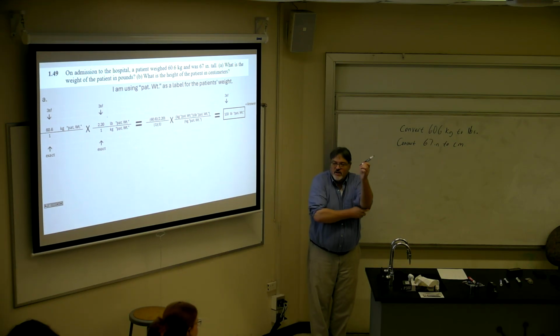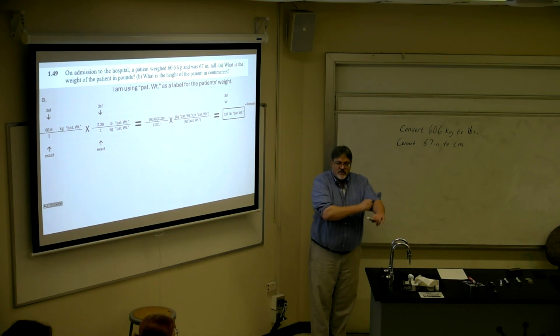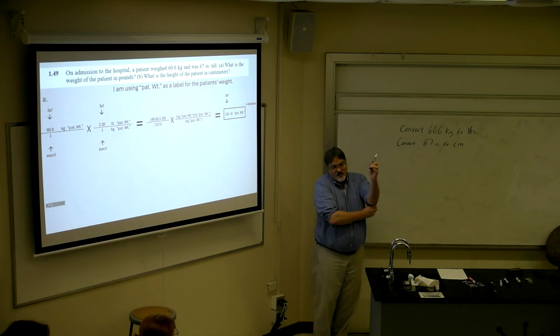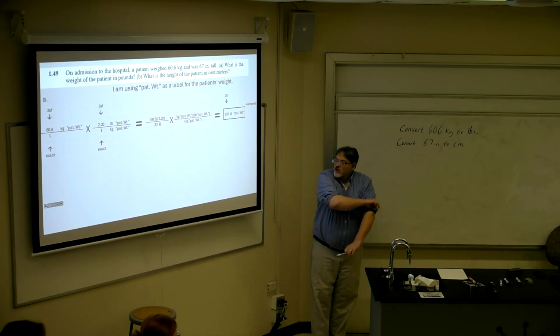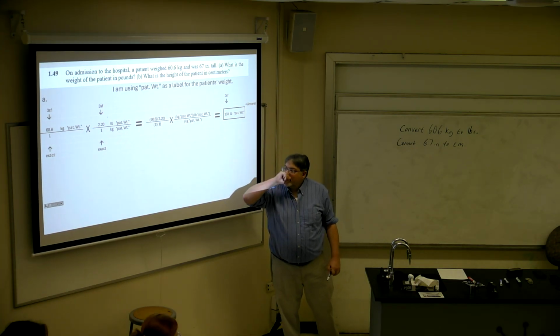So if you're looking at this, the next step, if you do these in steps, there's a certain place that significant figures show up, there's a certain place that scientific notation might show up. So let me go through this.